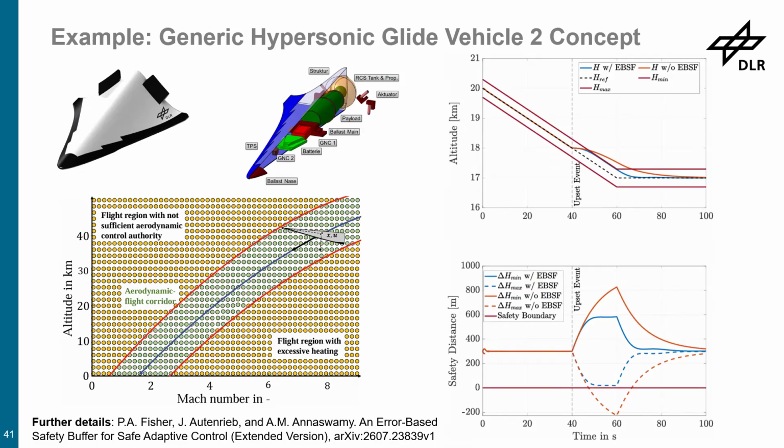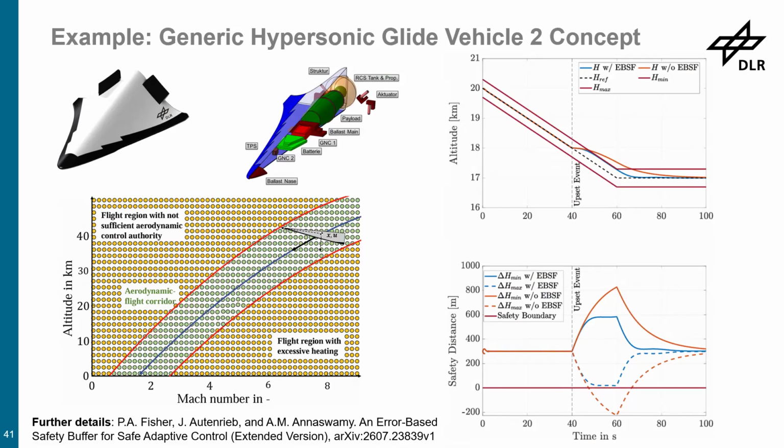So you have this optimal corridor, and we tried to come up with an example that is handy but also usable for academic research, in which we can show that with the proposed EBSF, we can ensure that such a system can stay in an aerodynamic corridor, even in the presence of uncertainties, right? So here we try to stay in this lane, and we have an upset event, which is a combination of disturbance and model uncertainties.